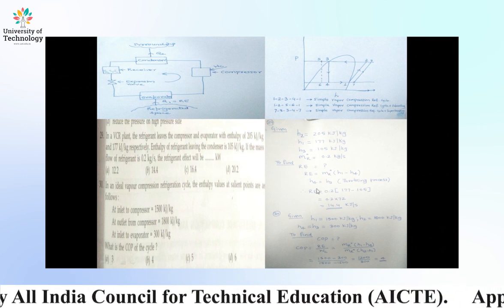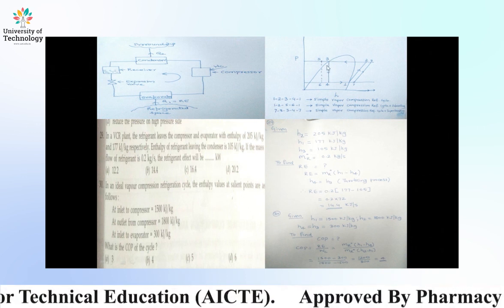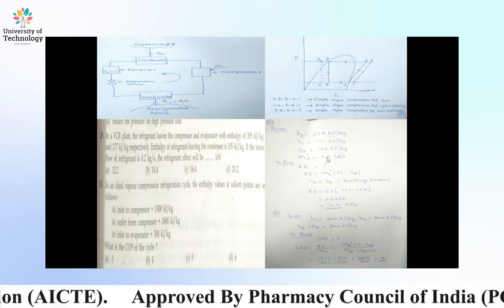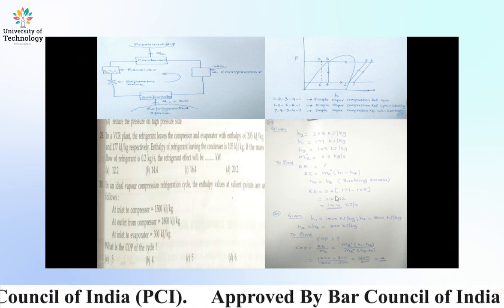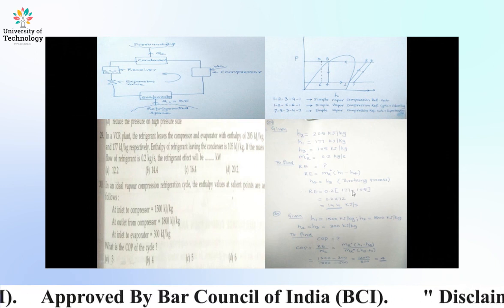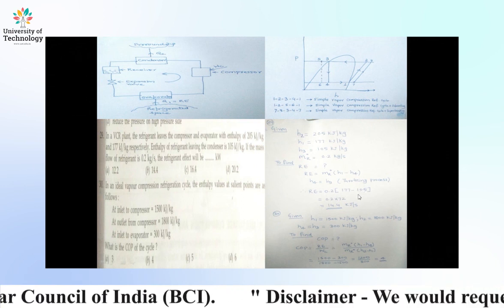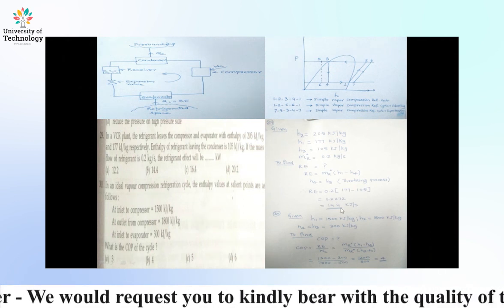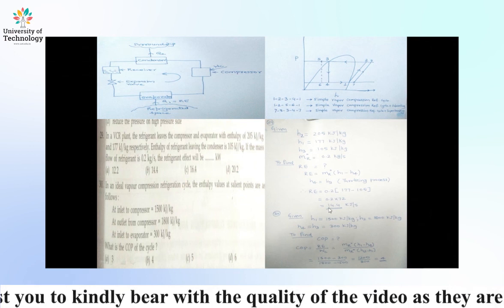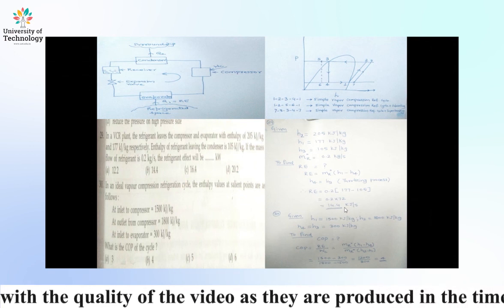So refrigerant effect equals 0.2 multiplied by 177 minus 105. By calculating this, we find the refrigerant effect equals 14.4 kilojoule per second. So option B is correct.